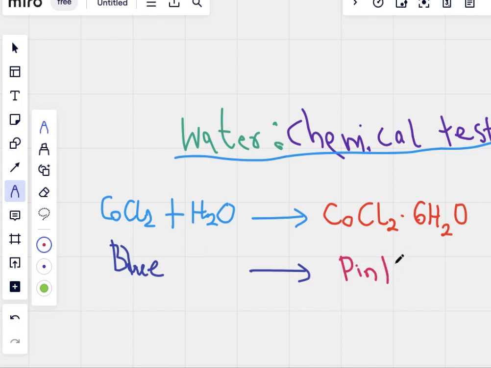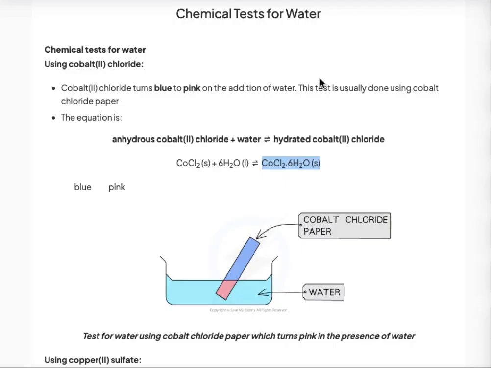Anytime we want to test for water, we need the cobalt 2 chloride paper, and all we need to do is just dip the cobalt 2 chloride paper in water. And we write the state symbols.